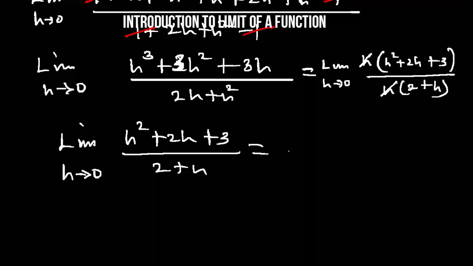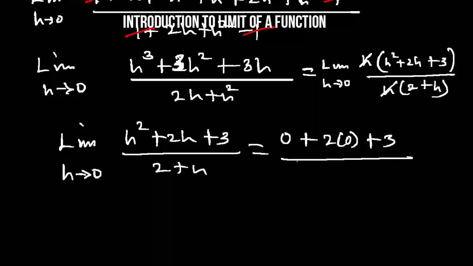And this is quite simple. Now put the value of h, which is 0: 0 plus 3 times 0 plus 3, divided by 2 plus 0. So our result is going to be 3 over 2.